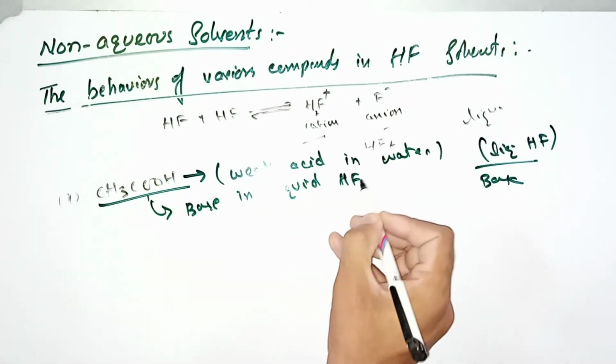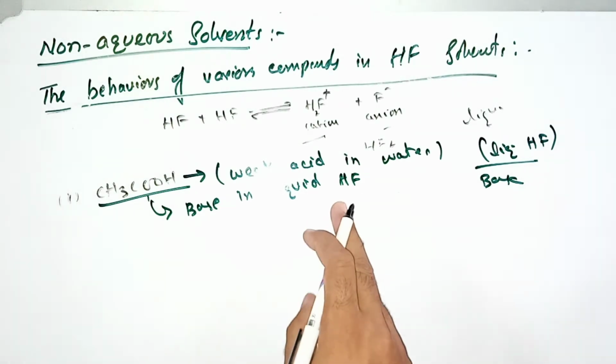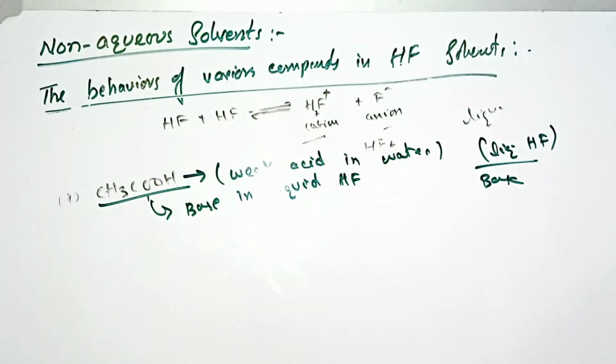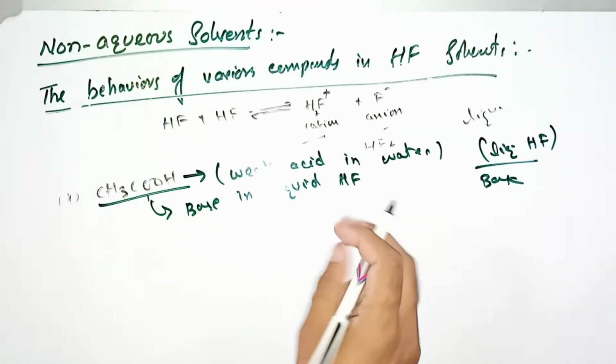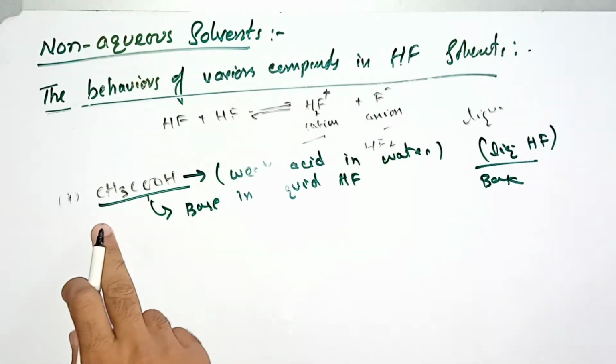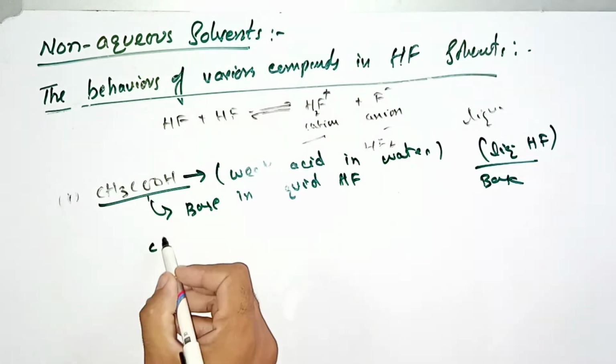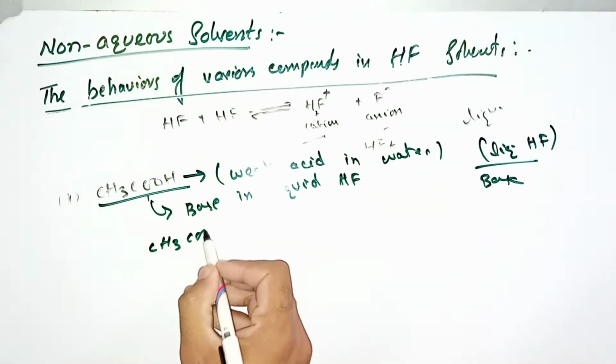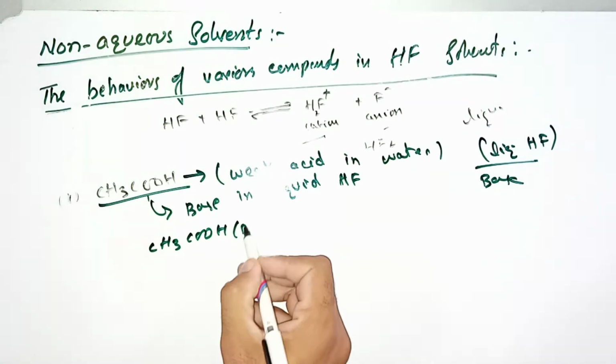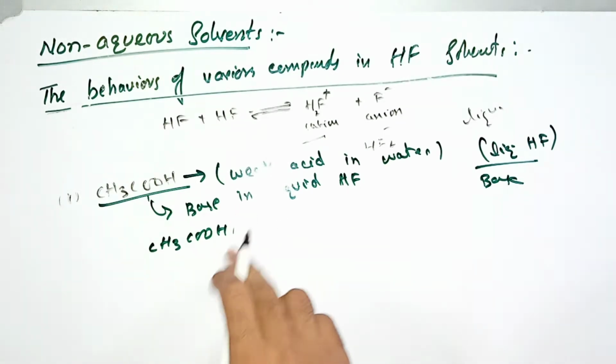This is the effect of the solvent HF. And why will this substance be a base in liquid HF? When you see the reaction, it will be clear.